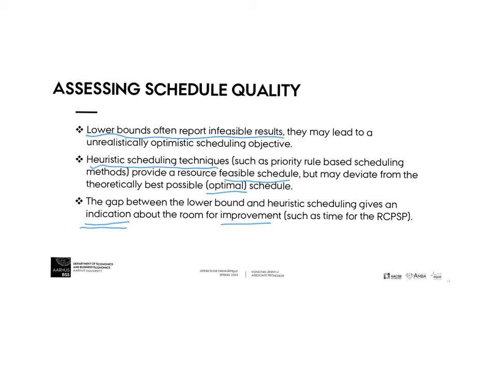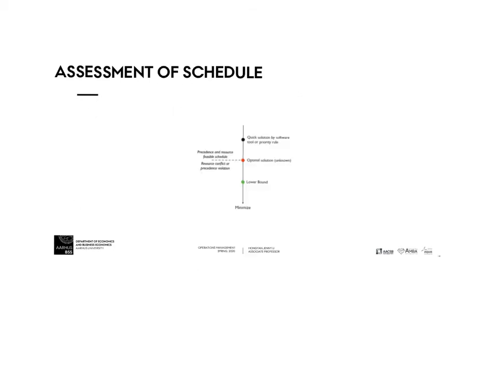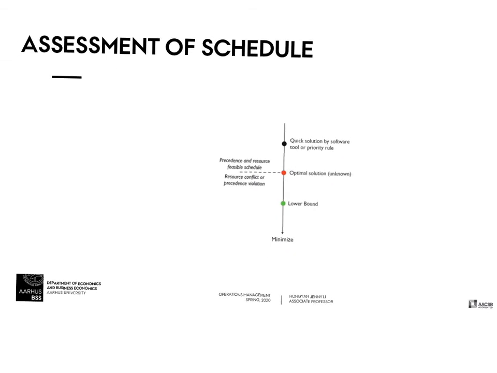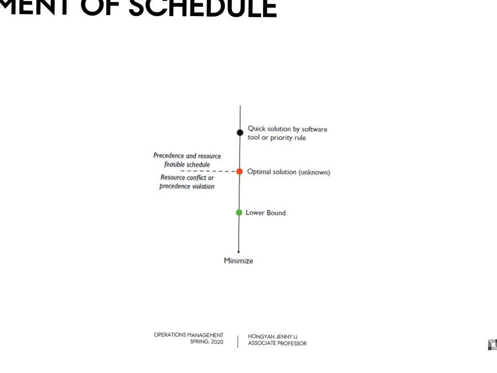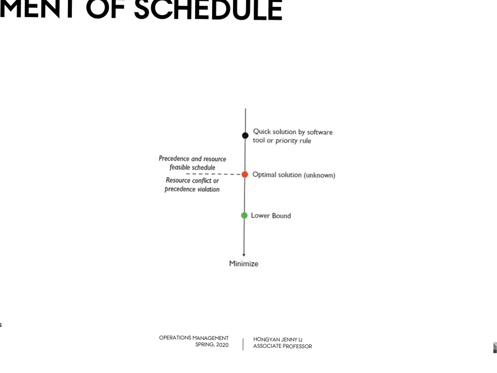That's also why we say we can use a lower bound to assess the quality of your heuristic schedule. In this figure, our lower bounds are all infeasible, even smaller than the optimal solution.